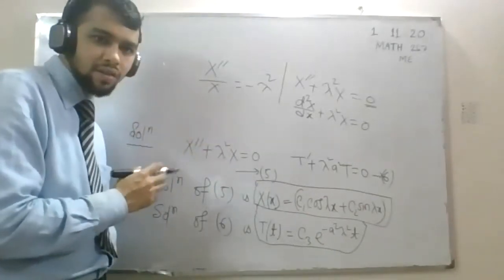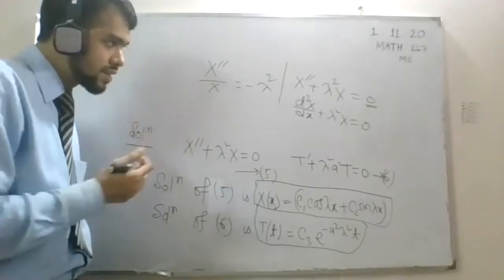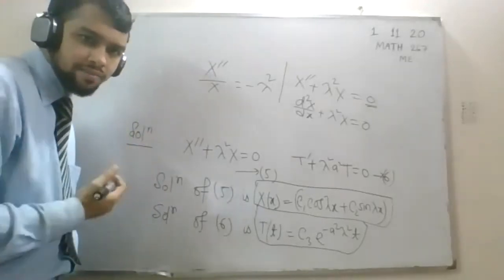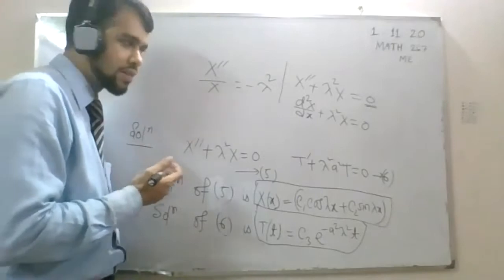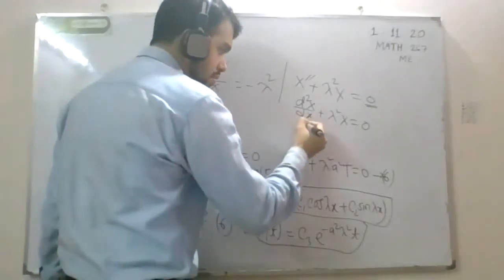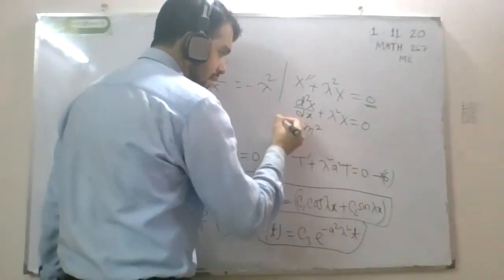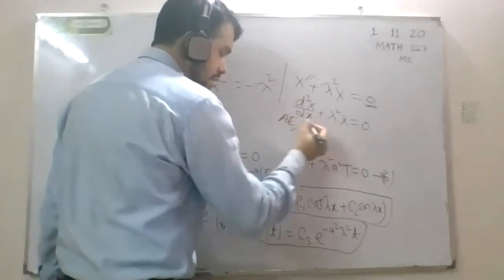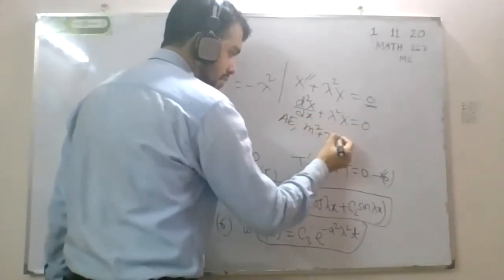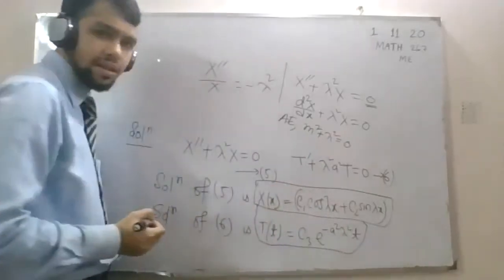Okay. So complementary function বের করার জন্য obviously তোমাদেরকে auxiliary equation বের করতে হবে at first. So you have to write these things like that. Here A plus lambda square, m square plus lambda square. Okay.